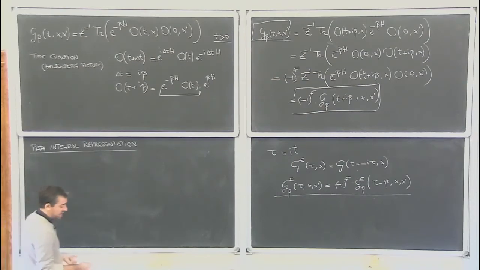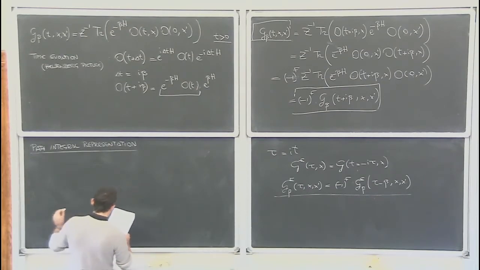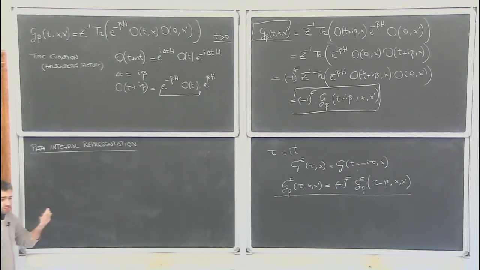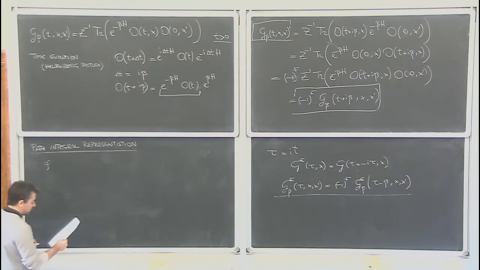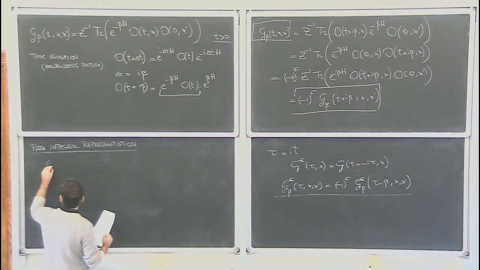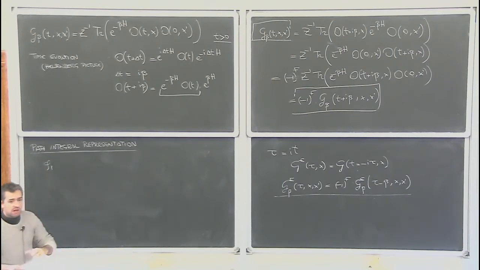So recall, what does the path integral do? It's a Lagrangian formulation. It uses the Lagrangian of the theory. You have a field phi, and let's say a field configuration. Assume that I have a field phi, it can be scalar, fermionic, whatever, and I choose some initial conditions.